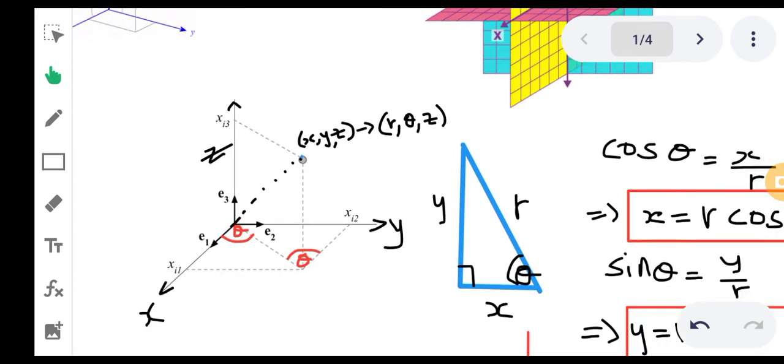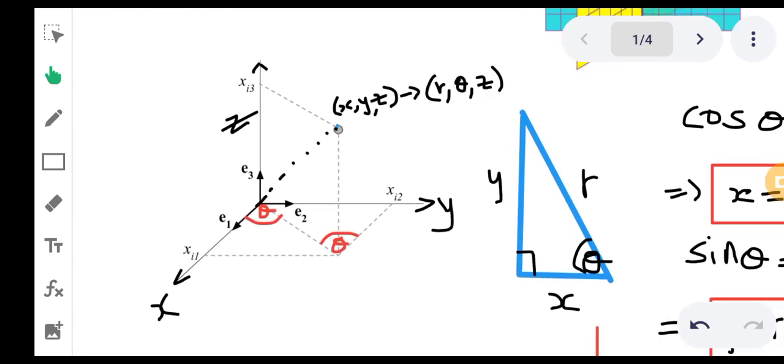If I choose a point from this place and trace it downwards, I can make an angle from the x-axis, and that angle is called theta.